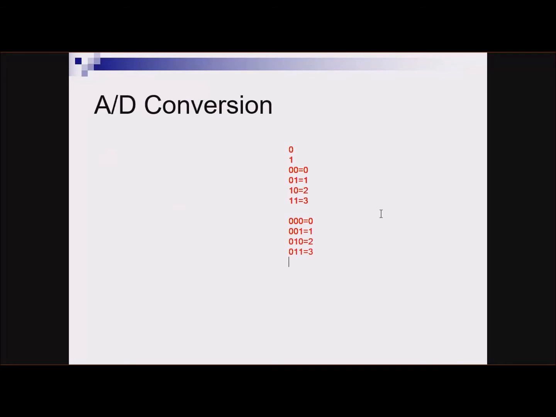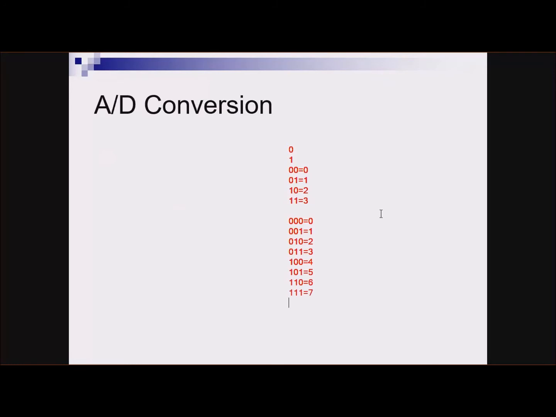If I start over again with a 1, 1, 0, 0 equals 4. 1, 0, 1 equals 5. 1, 1, 0 equals 6, or 1, 1, 1 equals 7.